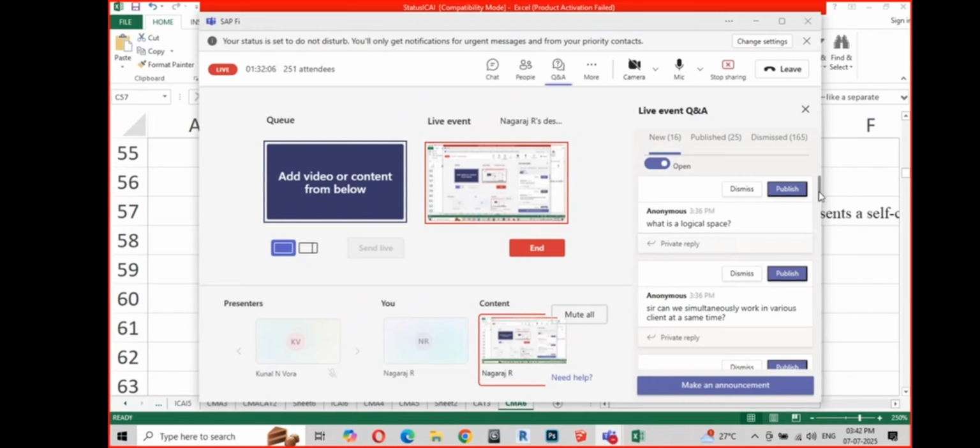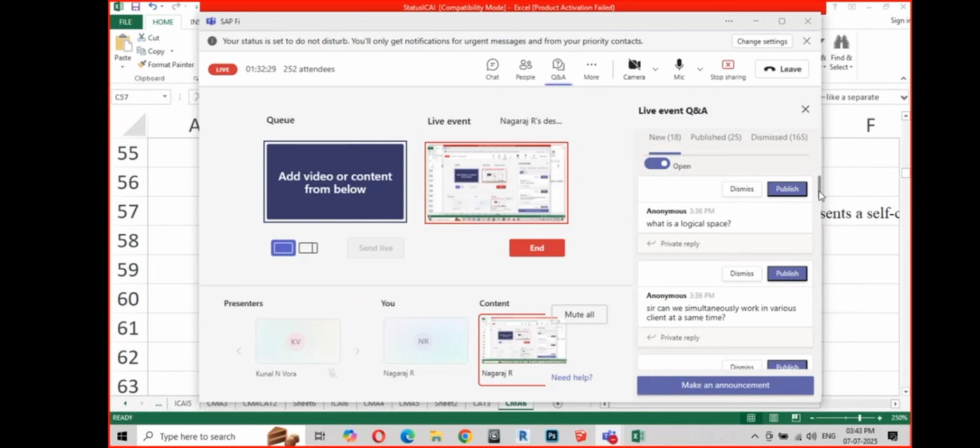What is a logical space? Within the SAP system, how is the server being used? How is the server space being used? That is your logical space.